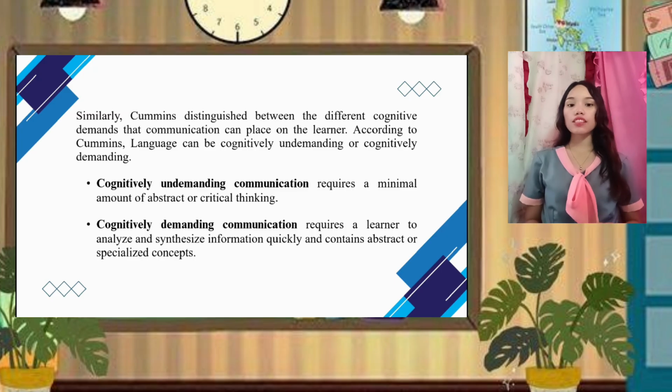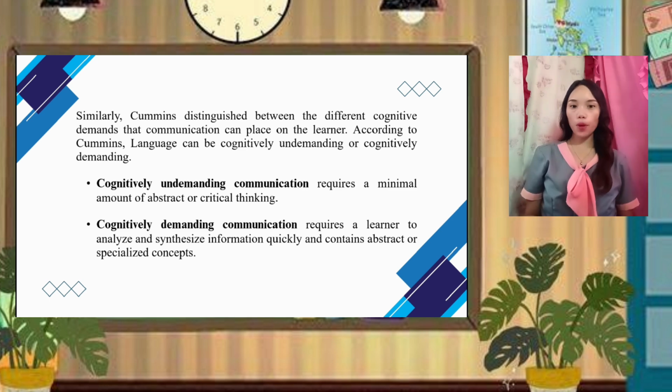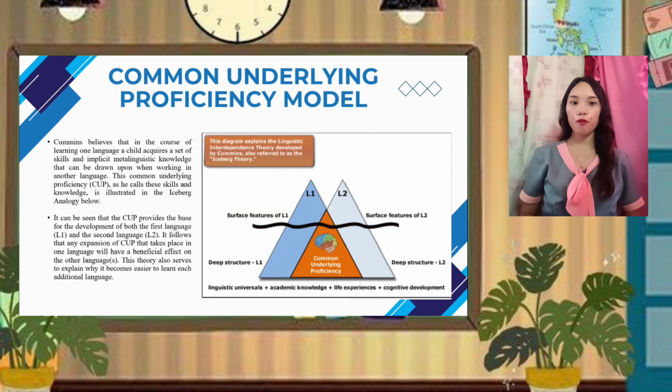While cognitively demanding communication requires a learner to analyze and synthesize information quickly and contains abstract or specialized concepts. Let's move forward to the Common Underlying Proficiency Model or CUP.